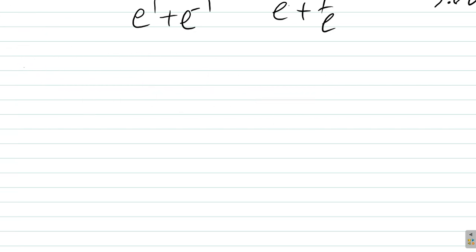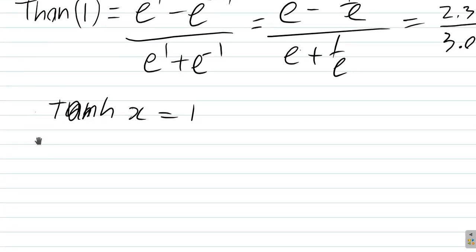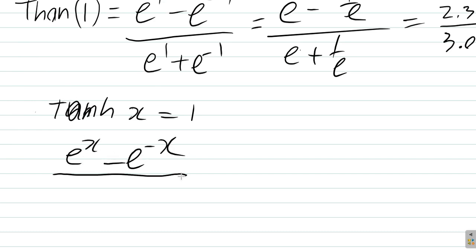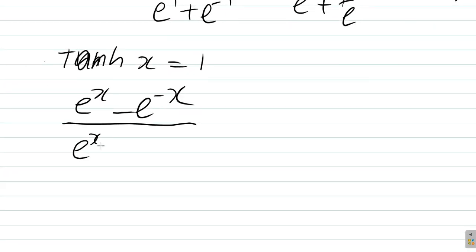Suppose the tan of an angle x is equal to 1. What would that angle be? What you would be saying is that e to the x minus e to the negative x, all over e to the x plus e to the negative x, is equal to 1.